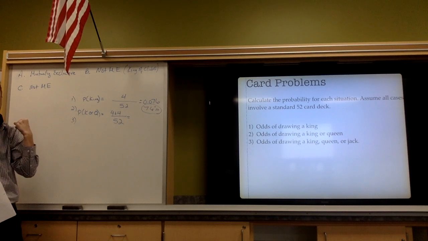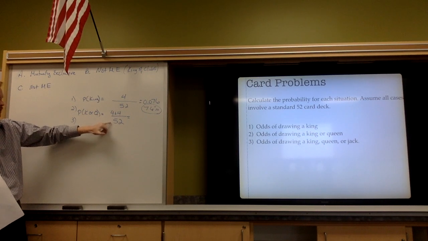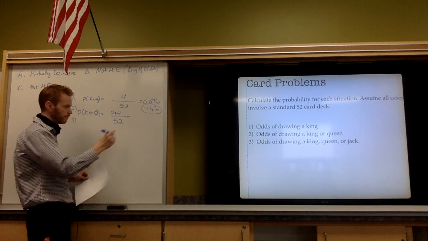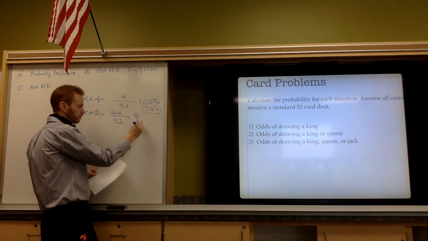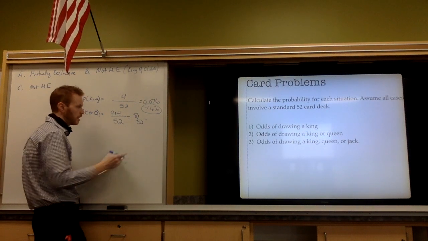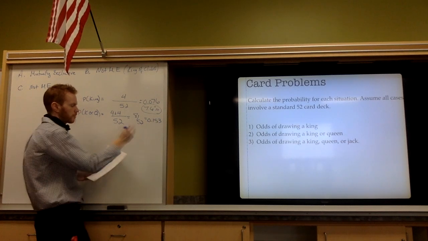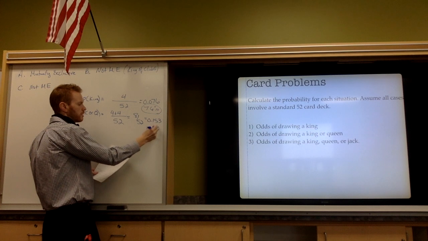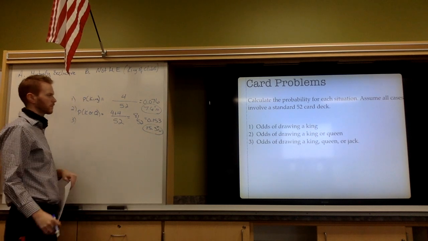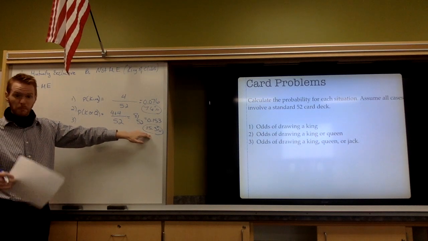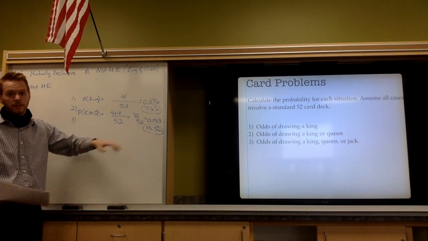So that means my sample space, or subspace, is getting bigger. So it's 8 out of 52. I'll give you the decimal. It's 0.153 or a 15.3% chance. So as you can see, the more cards I add to it, the bigger the probability is that I'm going to select something like that.